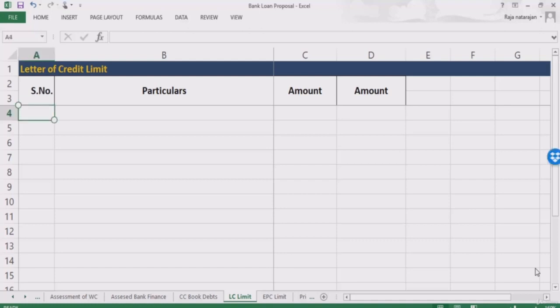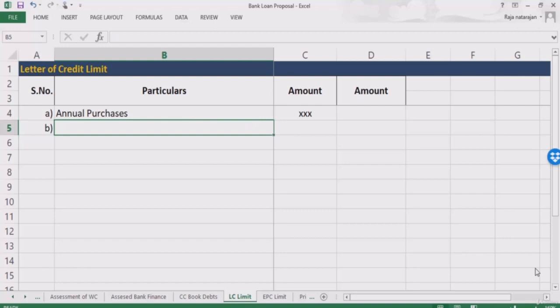It is purely linked with purchases. So first let's capture what will be annual purchases, but not all purchases will be made on credit. There will be some cash payment, some advance payment, and some purchases on credit without LC also. So we should know how much purchases are expected to be made under LC.